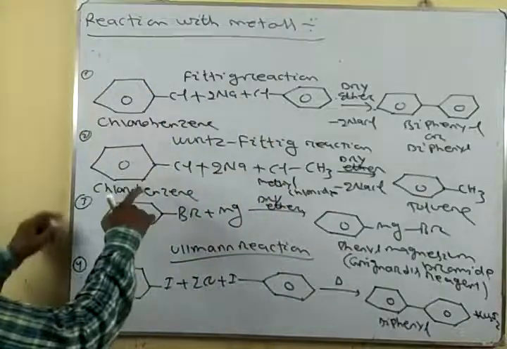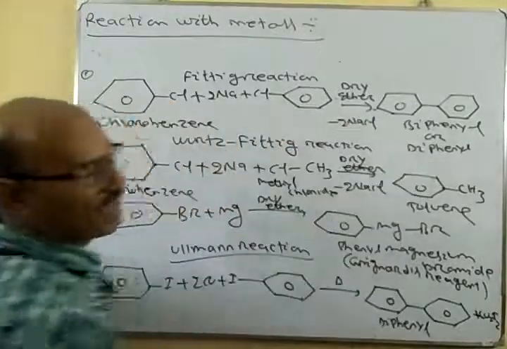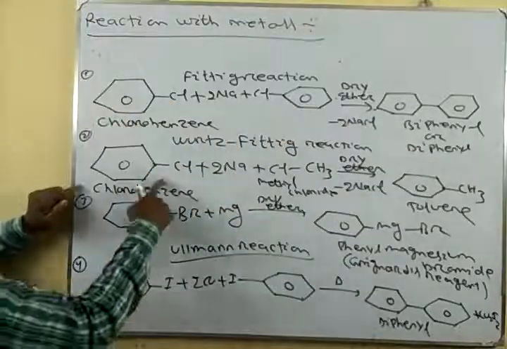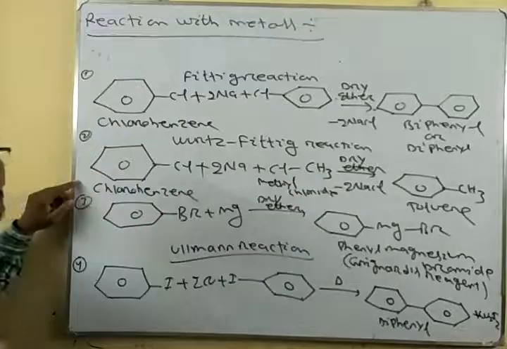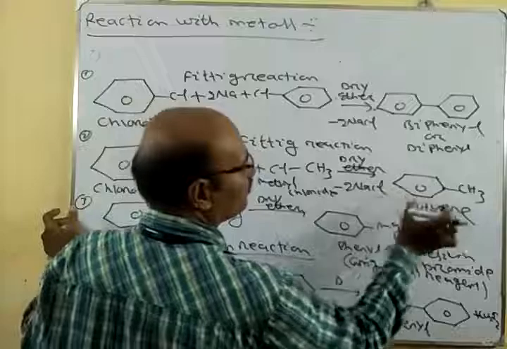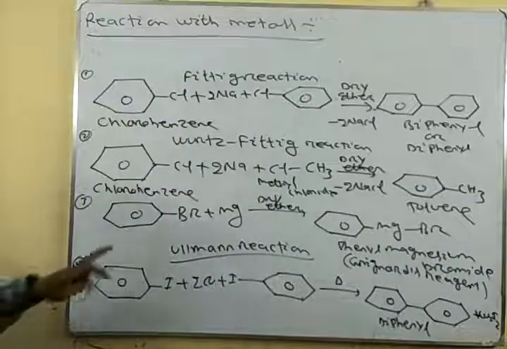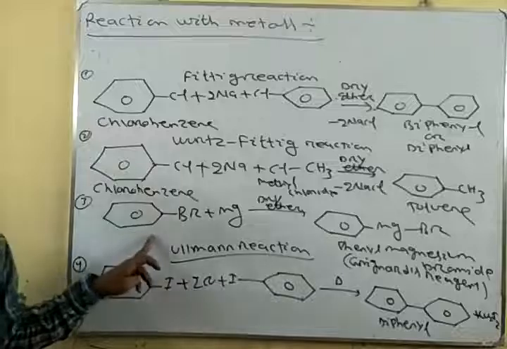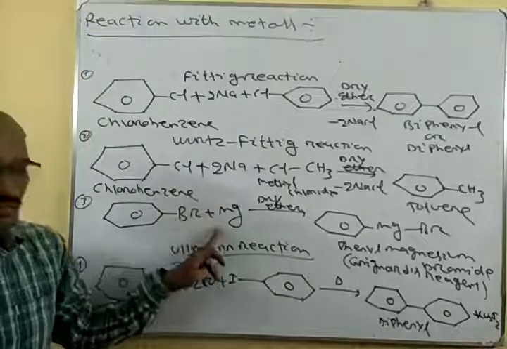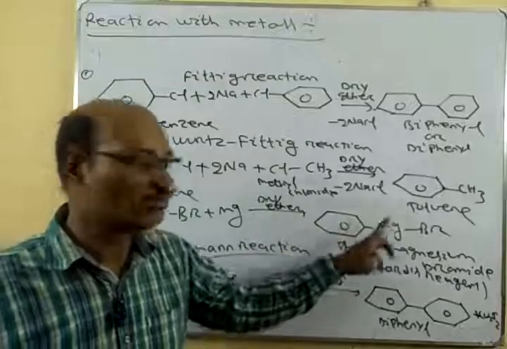So haloarene alone gives biphenyl, but haloarene and haloalkane give an alkylarene. Now similarly haloarenes react with magnesium in dry ether to give phenyl magnesium bromide.